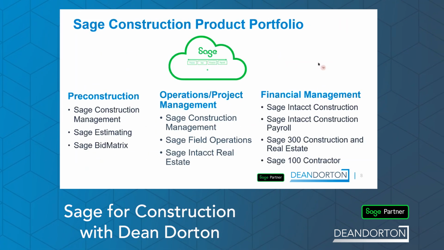Thank you. Okay. So Sage Construction, again, our product portfolio, as you'll see, we manage everything, not just including your financials, but from pre-construction into operations and then the financials for your construction operations. For pre-construction, we have solutions such as Sage Construction Management that Julie is going to show you in a little bit, Sage Estimating, Bid Matrix for our general contractors, which is out now, as well as for our operations and project management.